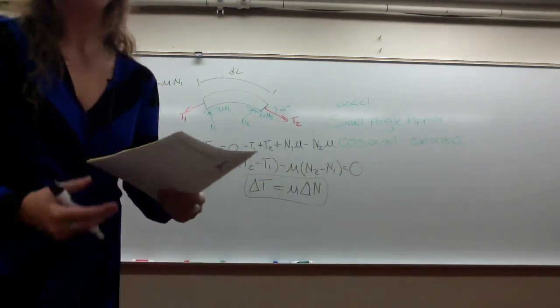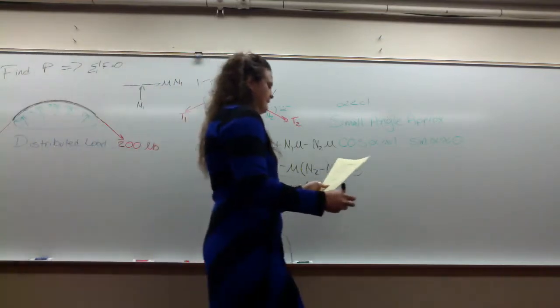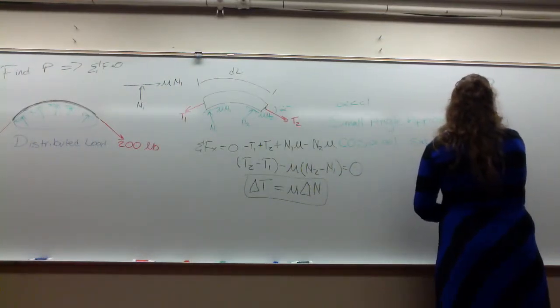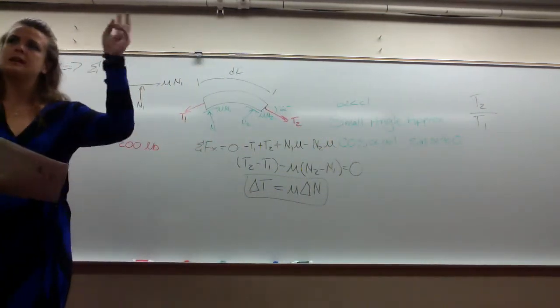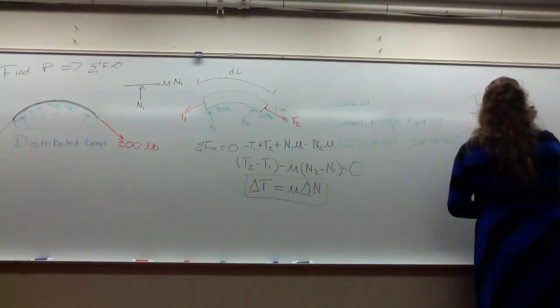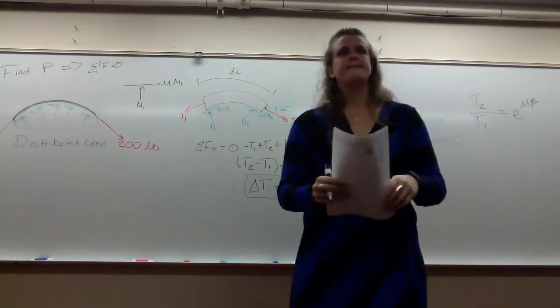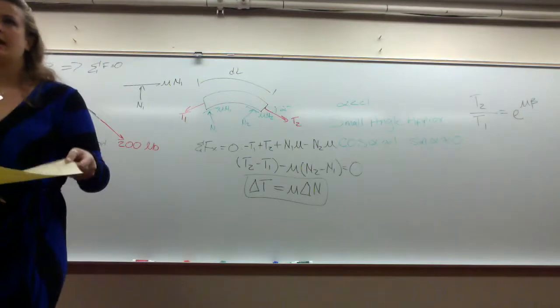There is a nice equation that we can use, equating the relationship between T2 and T1, two tensions, is equivalent to e to the mu times beta. Who remembers from their reading quiz? What is beta?